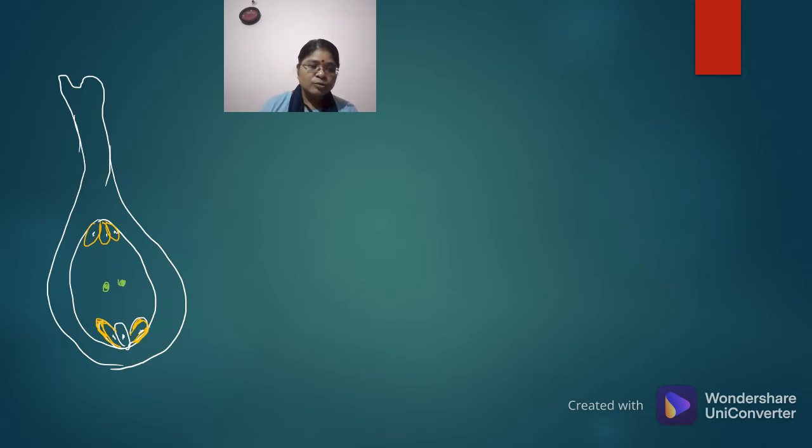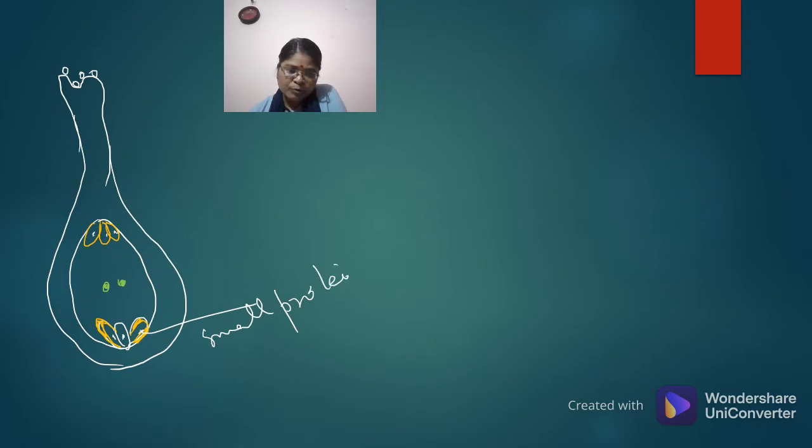Now this is your pollen grain which is falling on it. You can see pollen grains are there. Now remember that the synergids release a chemical, a small protein which is produced by the synergids in the ovule, and they guide the pollen tube.